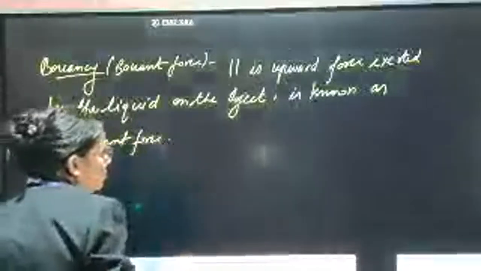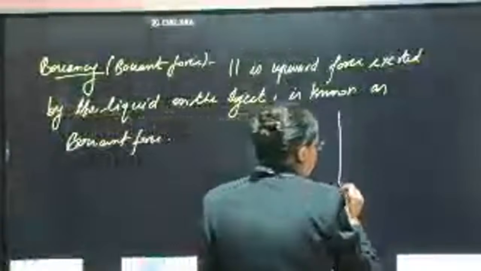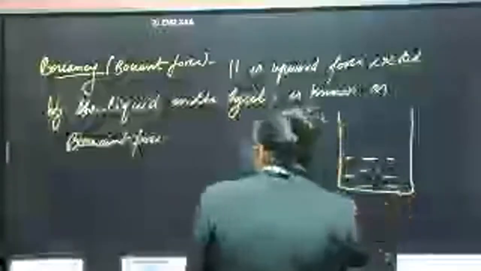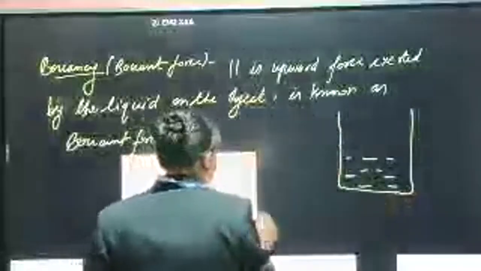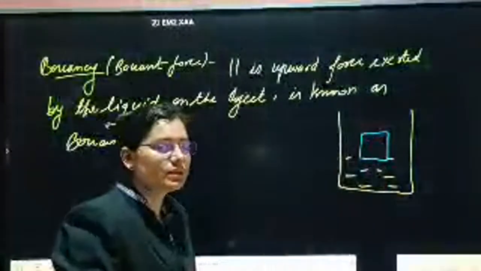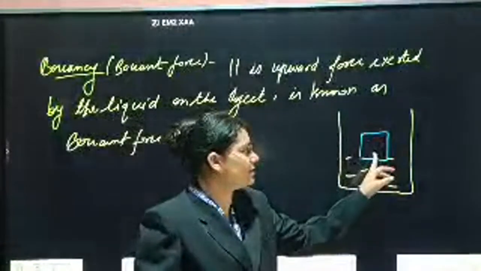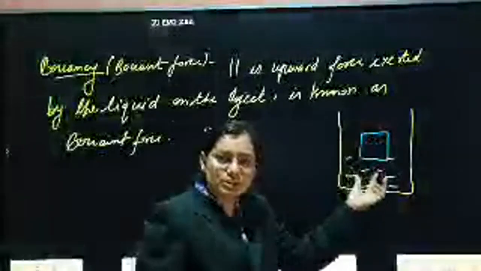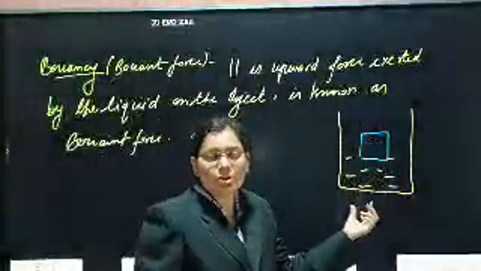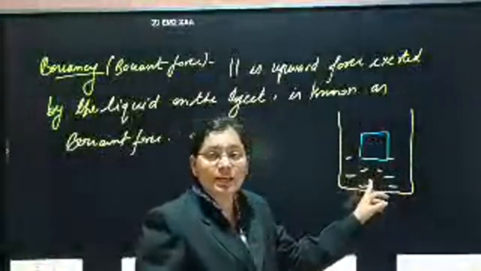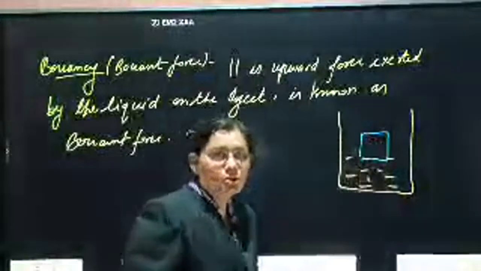Okay, see here in the picture we can see the liquid we filled in a container. Inside this container liquid is poured. In this container we are keeping a block. Okay, inside the liquid we kept a block, so thrust was this perpendicular force exerted by this block on the liquid, the downward perpendicular force we apply from the block on the liquid. This we call thrust. The force exerted by the liquid in the upward direction on the block, that force is known as the buoyant force.